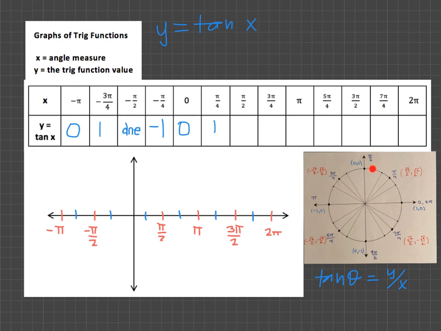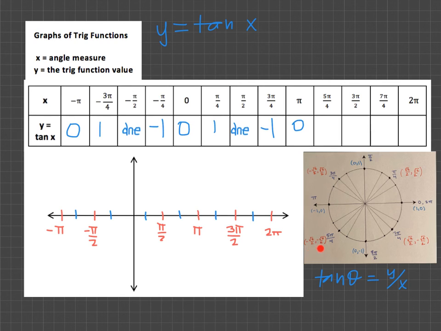For pi over 2, we're going to have 1 over 0, so again, that's undefined. For 3 pi over 4, we get square root 2 over 2 over negative square root 2 over 2. That's a negative 1. For pi, we've got 0 over negative 1, so that's 0.